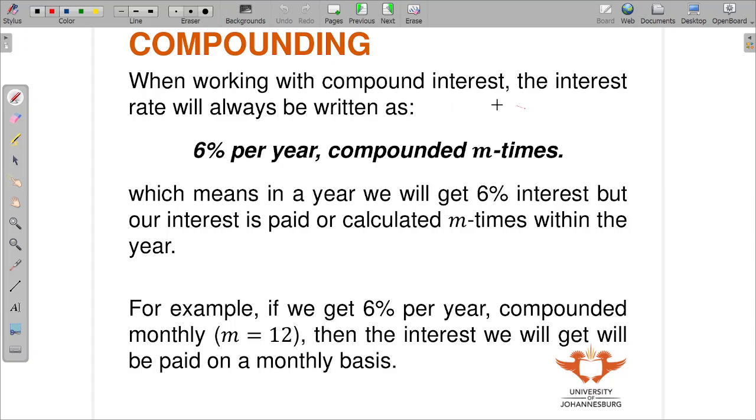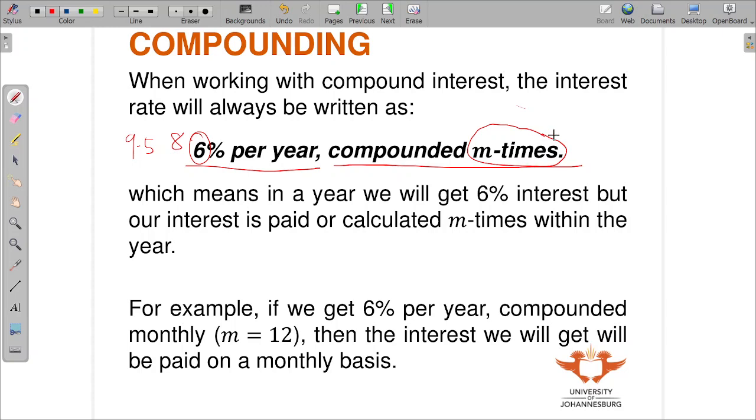Okay, so when working with compound interest, the interest rate will always be written as 6% per year. This can change to anything, 8%, 9%, 9.5, whatever it is. But this is very important to us: compounded m times. So you must always watch out for this because this will change the game.